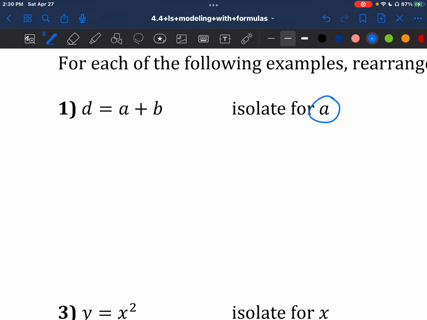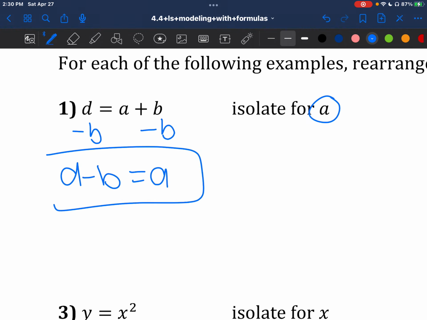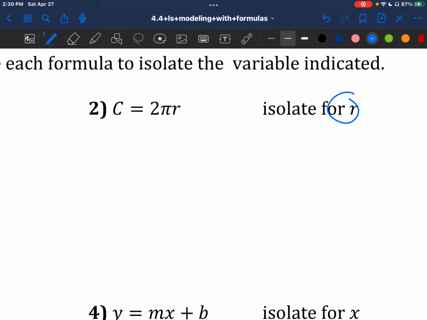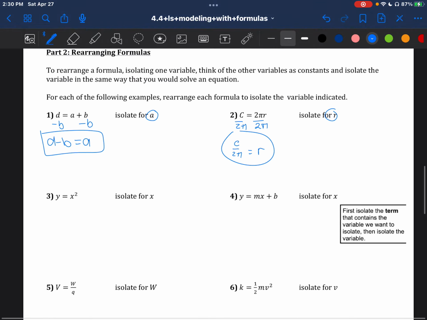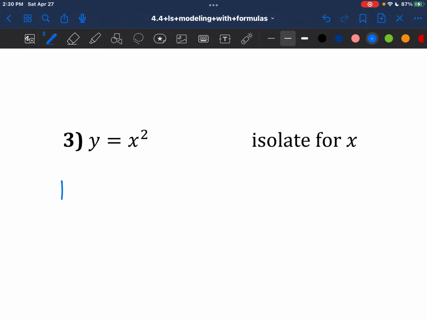So this is pretty easy. We just want to isolate for A. So we could just do minus B: D minus B equals A. Isolate for R, so we can just divide by 2 pi, and then we'll get C divided by 2 pi equals R. Isolate for X, okay, we could just do square root of Y equals X, just to get rid of that.